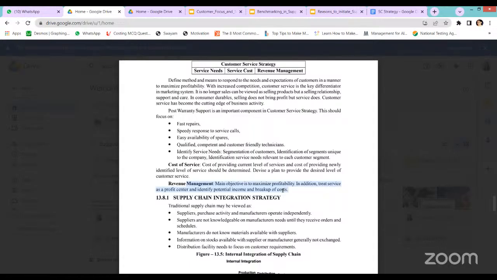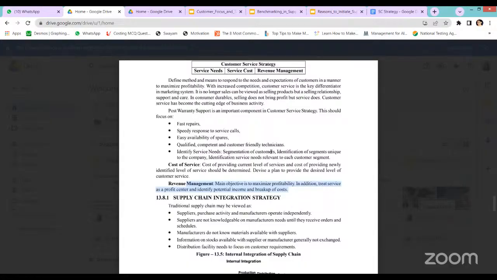So while providing the service, it is also important to see, along with the cost center, that the profit centers are supposed to identify how to break up the cost and increase potential income with a focus on better customer service.